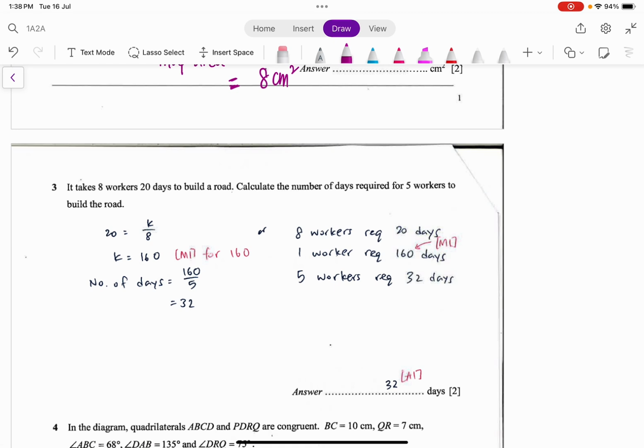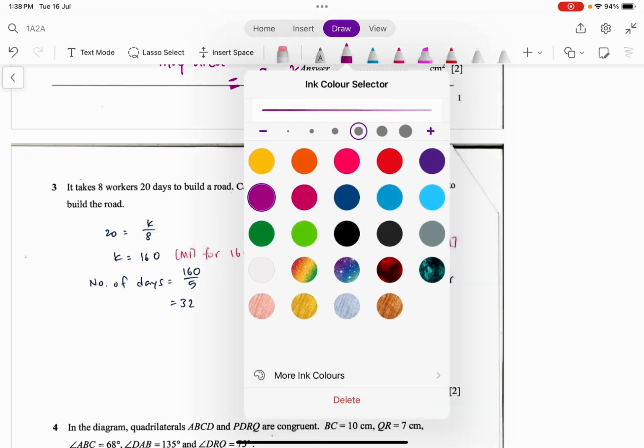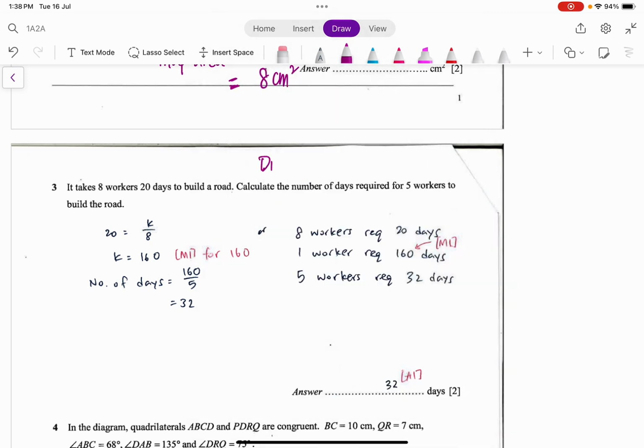Is this direct or inverse proportion? Number of workers versus number of days. If I have more workers, do I use fewer days or more days to complete the road?